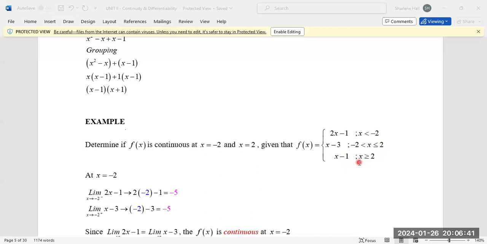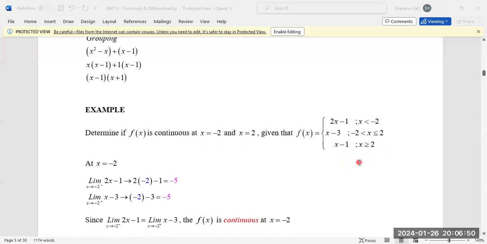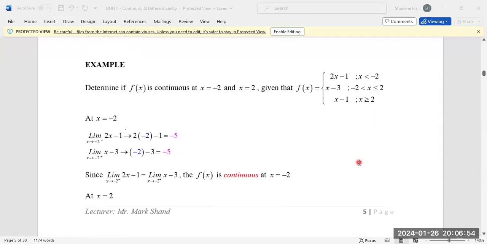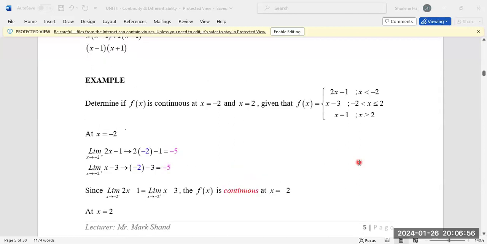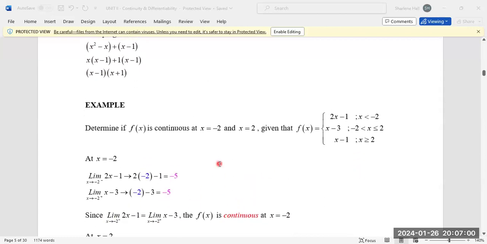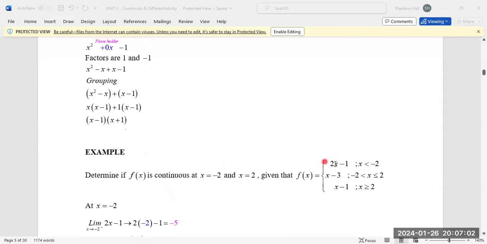No questions for me yet, sir. Okay, let's continue. No, Shamari. We are going to investigate at x equals 2. See, Tresson? At x equals 2. Shamari, now that I'm investigating at x equals 2, can I use this function up here, sir?